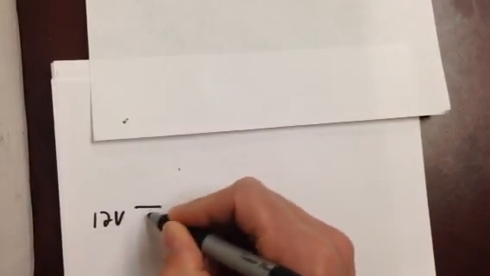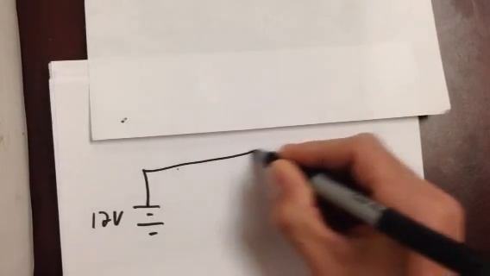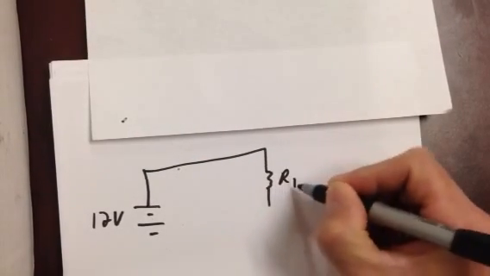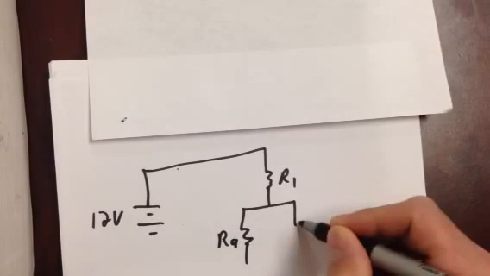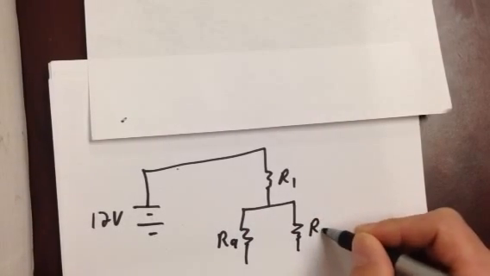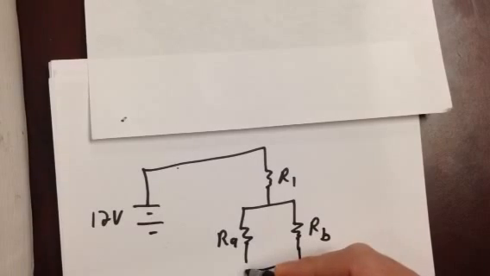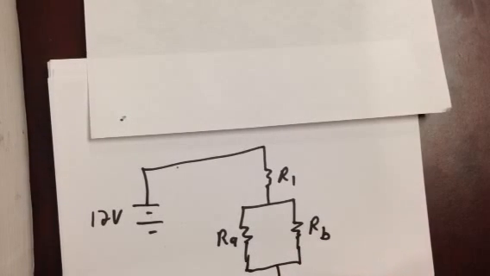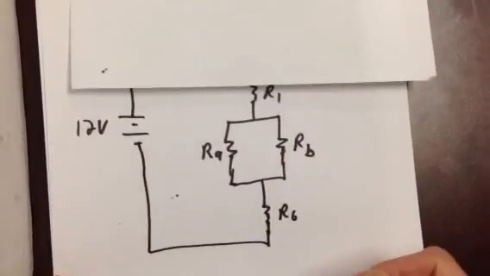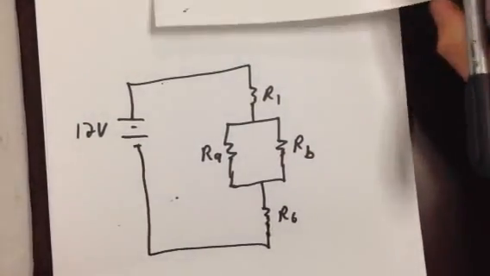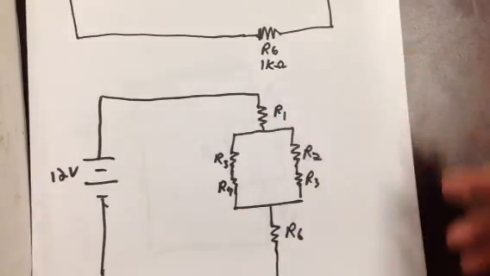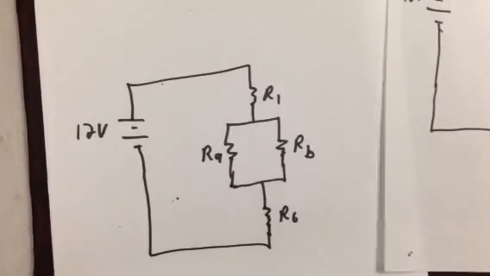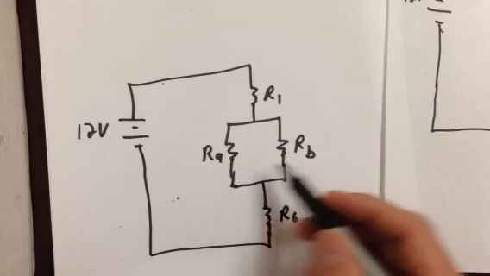So I have 12 volts, R1, RA, RB, and R6. Where RA takes the place of R5 and R4. So RA is R5 plus R4.